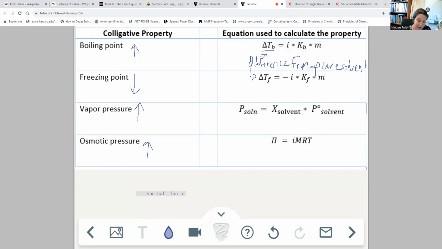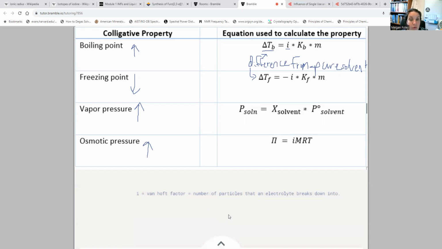That van 't Hoff factor describes the number of particles that an electrolyte breaks down into. A review of Gen Chem 1: electrolytes are going to completely break down into ions when dissolved in water. So that I represents how many particles it breaks down into when it dissolves in water. For an electrolyte, it will be based on stoichiometry.